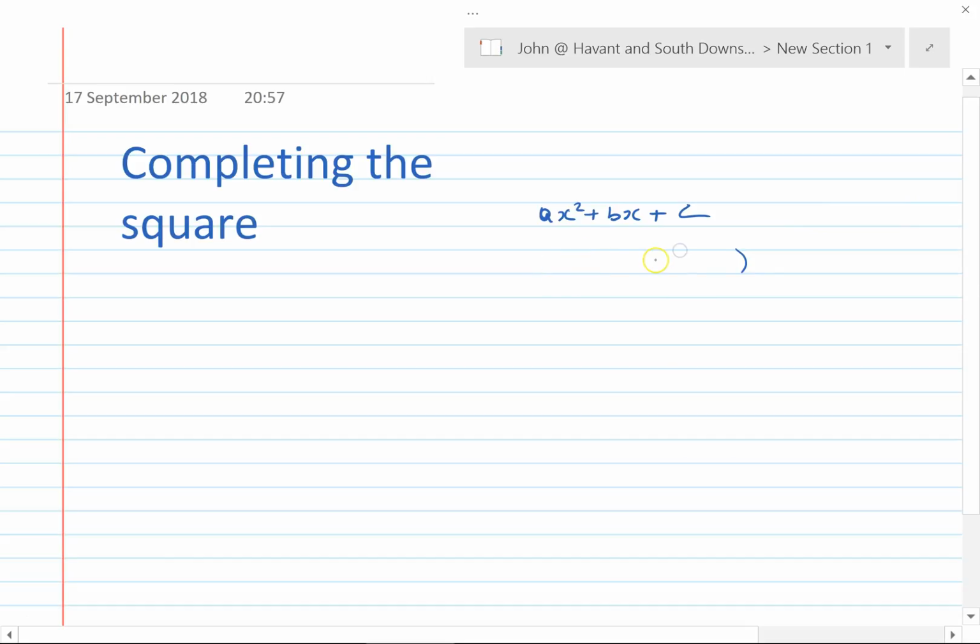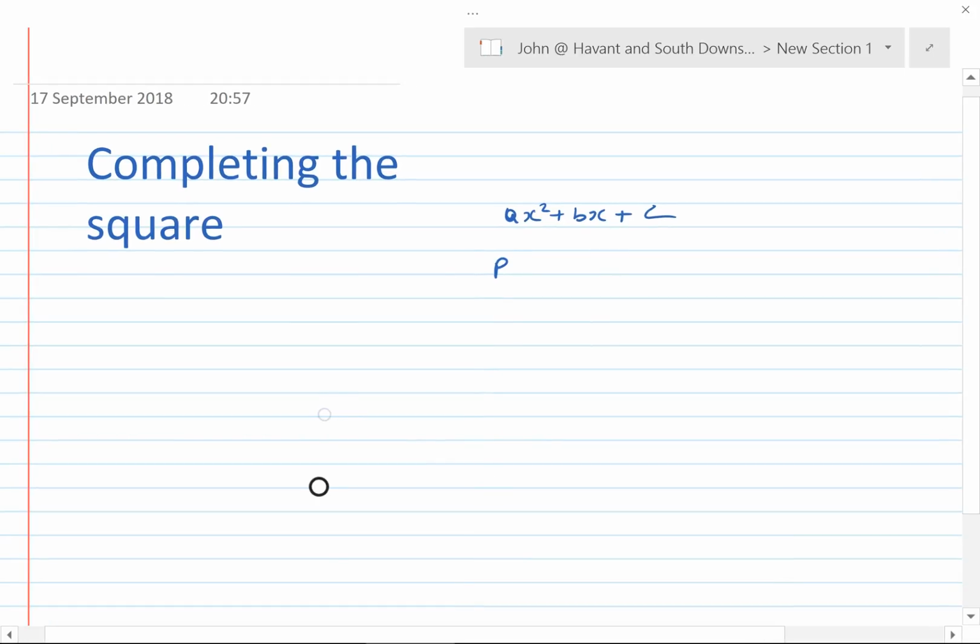But another useful form is to write it in what's called completed square form, which is to write it for some different values of p, q and r in this form.